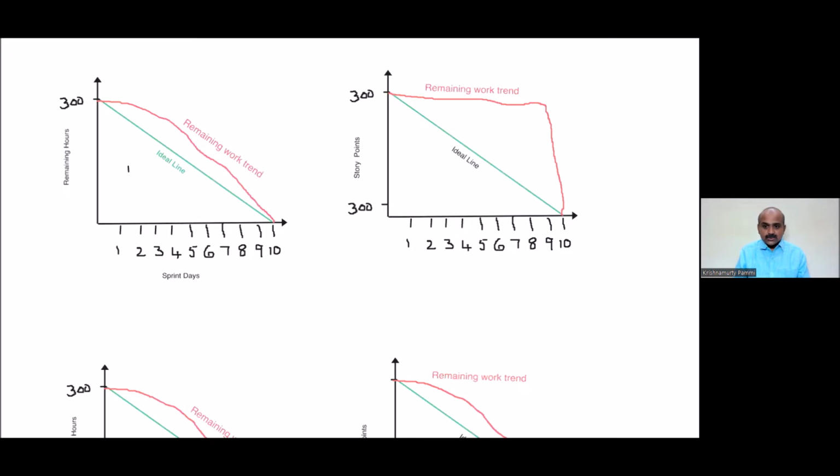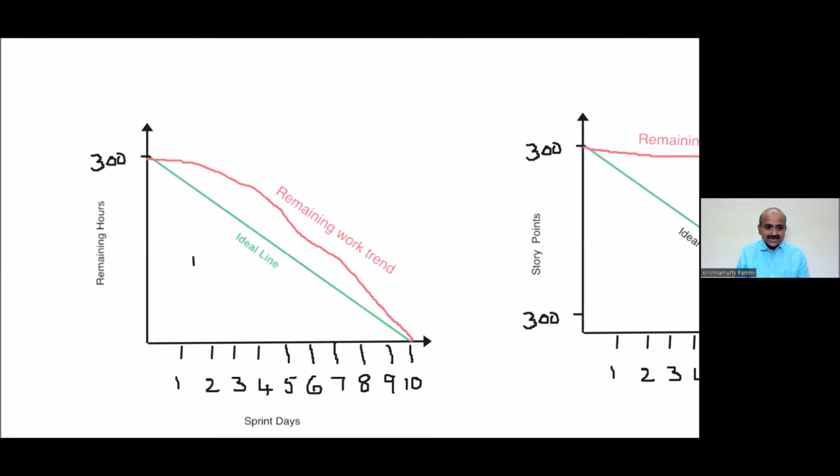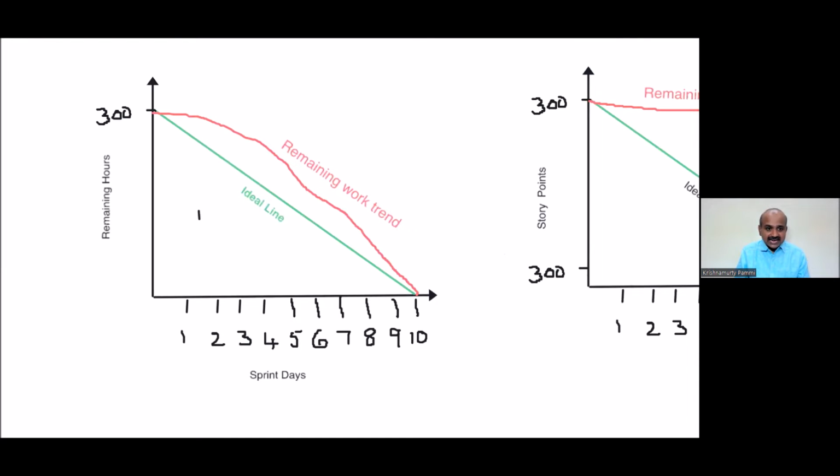Friends, if you see here on the burn-down graph, generally it is a pattern of how the remaining workload is trending. It is basically how the remaining work is trending.